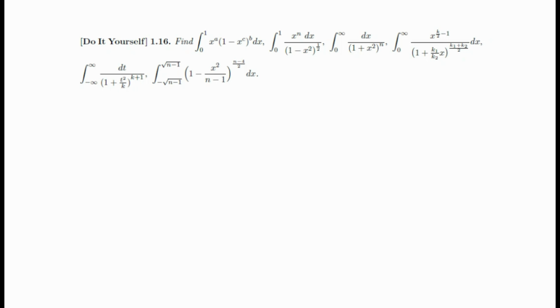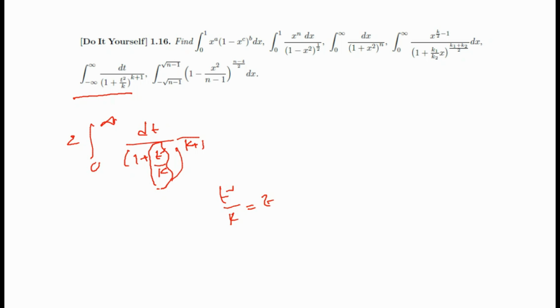And for this one, okay, this is an even function, so first of all 0 to infinity dt by (1 plus t square by k) power k plus 1, and this is form 2, so I think you know what to do. So t square by k equal to z, if you prove that, then we will have your result.